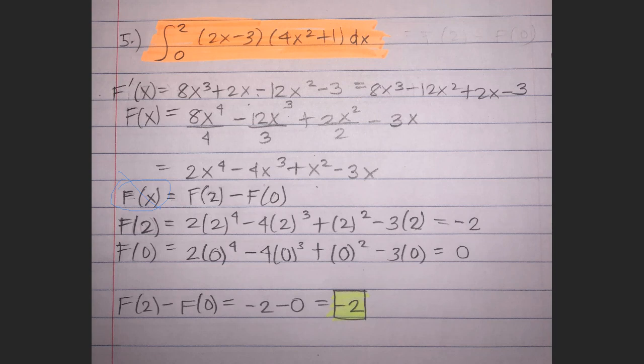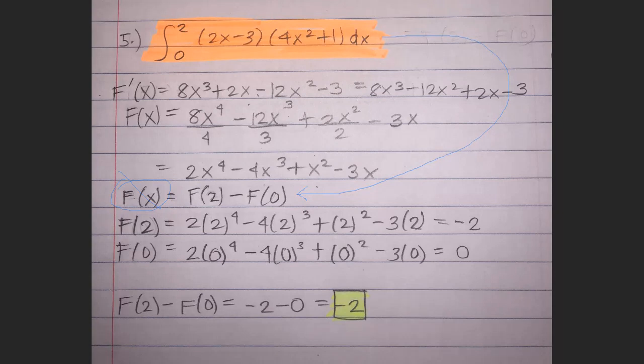Did you write that? You can't say this equals this, right? F of x is this, right? It doesn't make sense to write F of x equals F of 2 minus F of 0. So that's f prime of x. This inside is your f prime of x, and then you find the antiderivative, then you subtract those two.